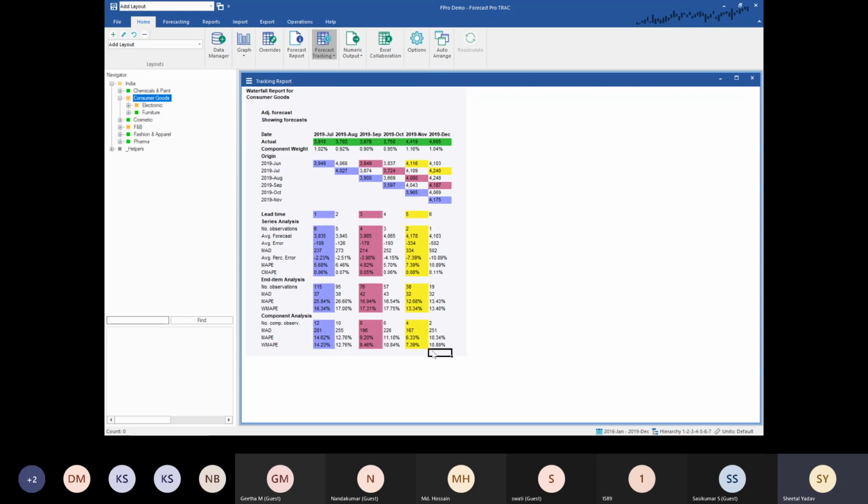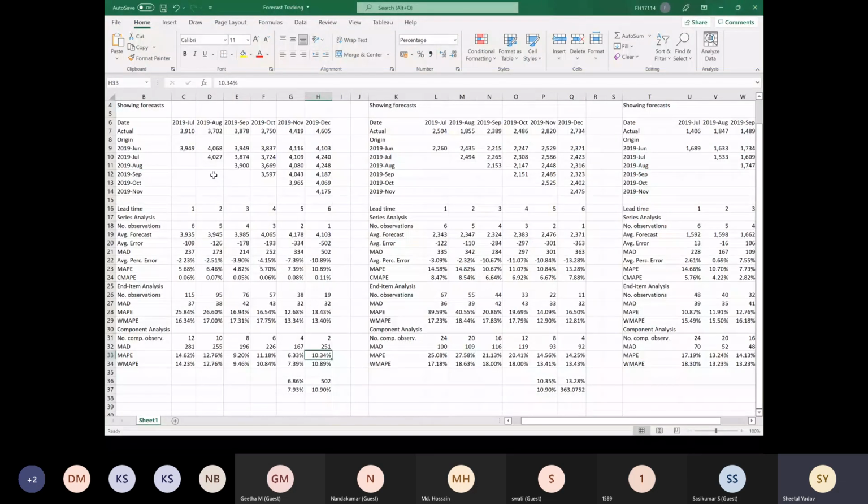We are just averaging the MAPE without considering that if one item of low volume is contributing to a higher error, it's going to give equal weight to everything. But in WMAPE, we give a weight to each of the individual components, which are my electronic and furniture.